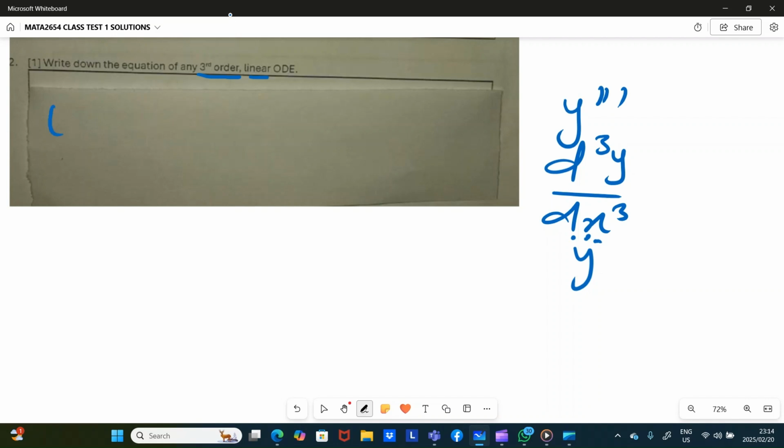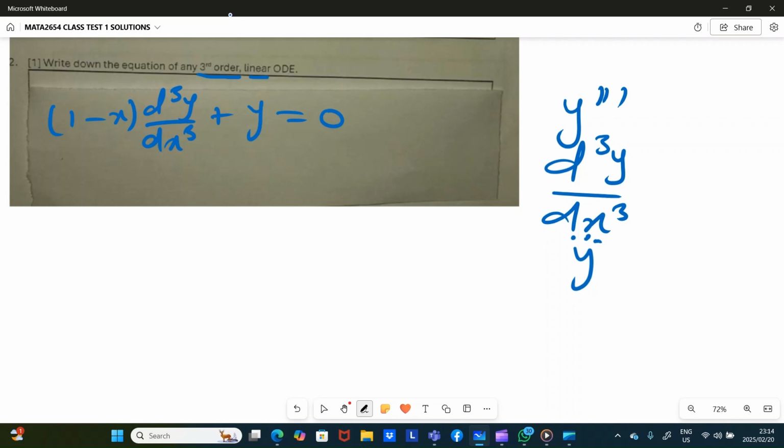So I can say maybe I have something like 1 minus x times the third derivative of y with respect to x plus y equals 0. So this is a third order linear differential equation.